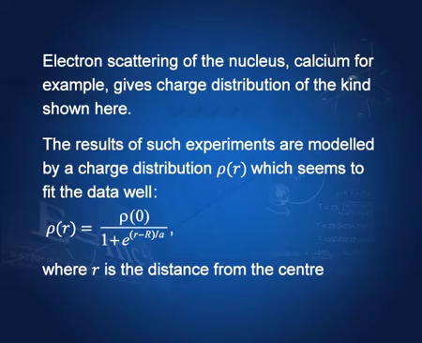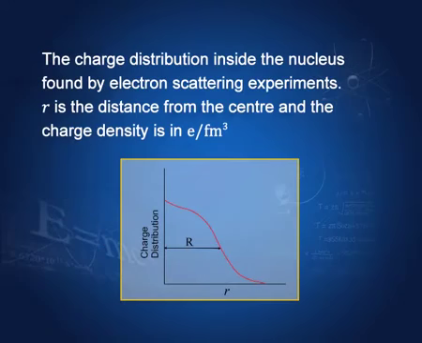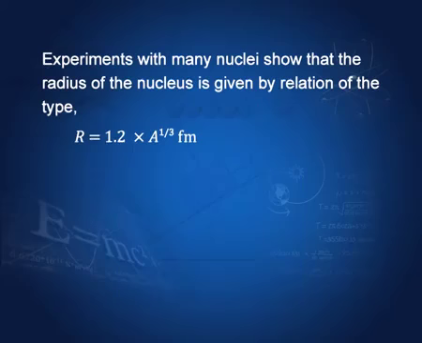In this equation, r is the distance from the center and capital R is the radius of the nucleus. This is the charge distribution, and this is the radius of the nucleus, and it can be shown to be equal to 1.2 into A raised to power 1 by 3.